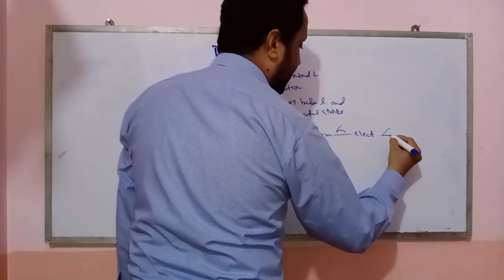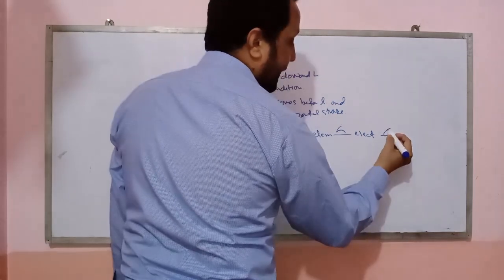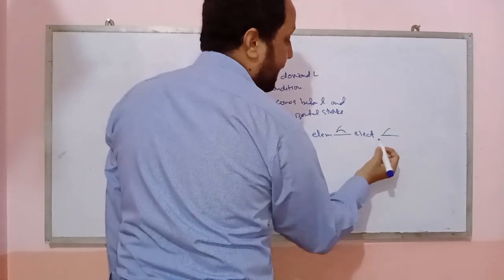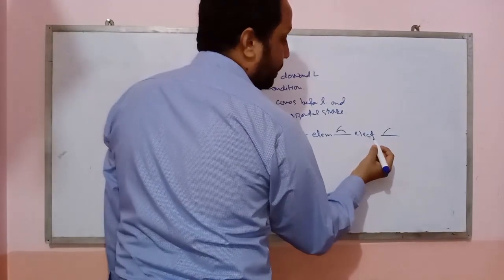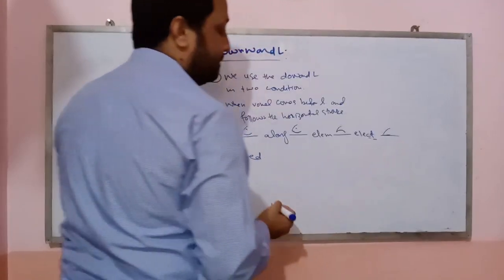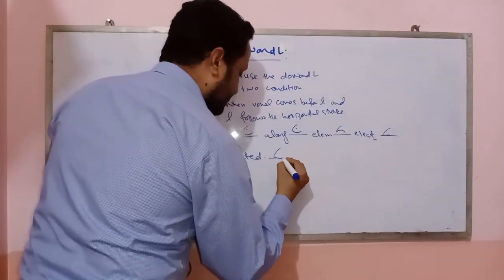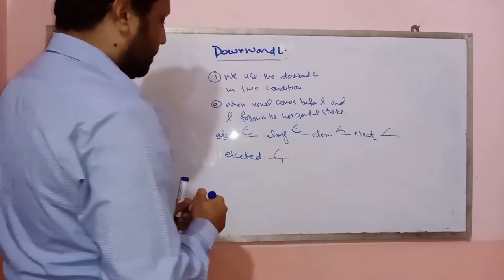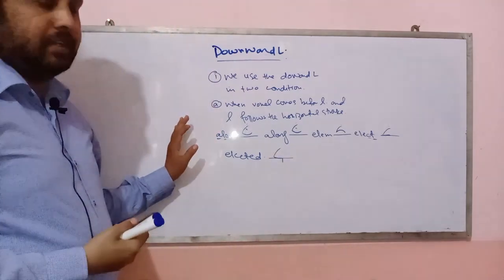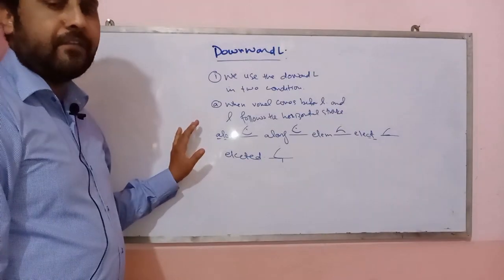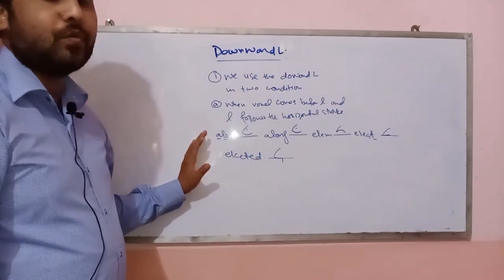Elect: EL, and we halve the length of K because K follows T, applying the halving principle. Elected. This is the first condition.